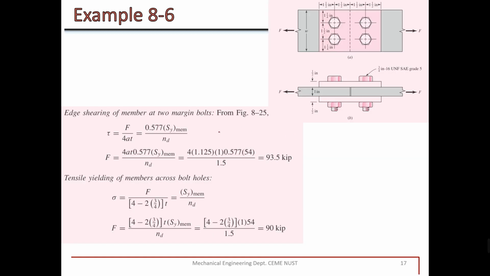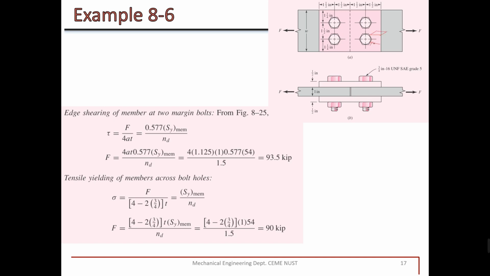If we go into the detail of shearing, edge shearing, what is edge shearing? Just for here, if this area is from this point to this point, this length is small, and there is a rectangular area, this length multiplied by its width.